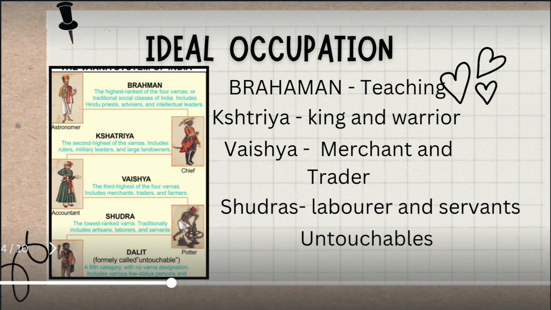Vaishyas were also assigned to study the Vedas. They were generally doing production work, like merchants, traders, and farmers. Shudras were laborers and they were serving the higher three varnas. It means if we belong to the Shudra caste, we have to serve Brahmans, Kshatriyas and Vaishyas.